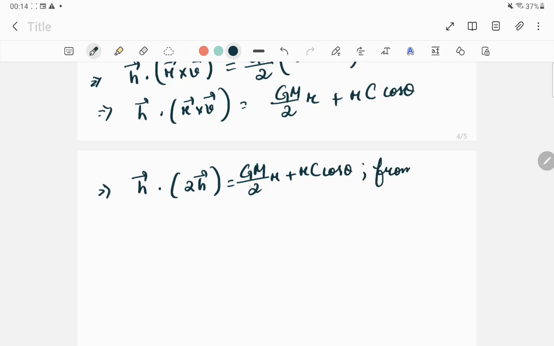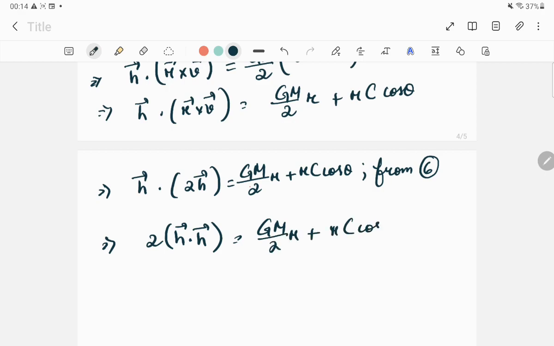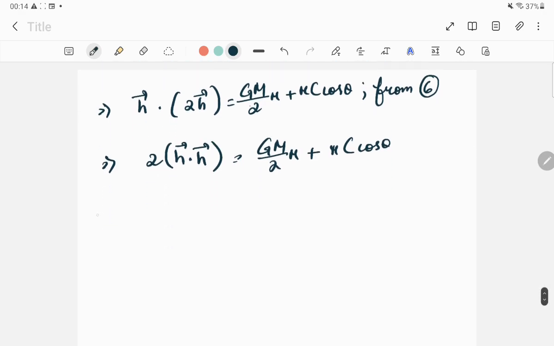So finally 2 is outside, h dot h, GM by 2r and then you have rc cos theta. Then 2h dot h means h square, and it is GM by 2r plus rc cos theta.